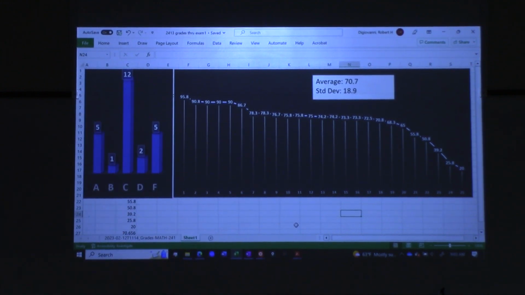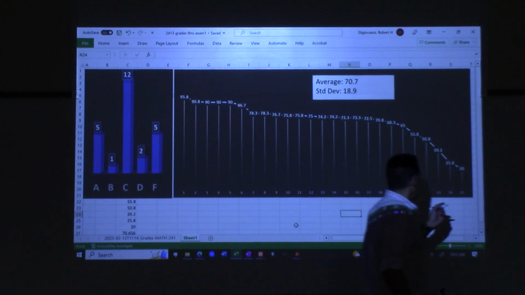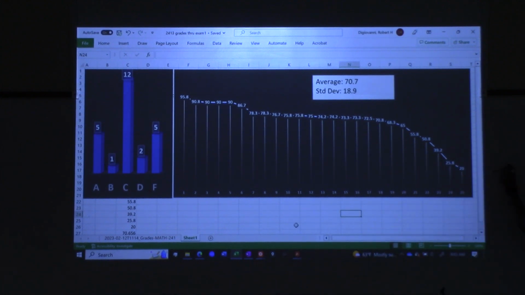So the grades were really interesting. I don't have this happen very often. Some of you may have heard of this before, the standard normal bell curve. You heard of that before?